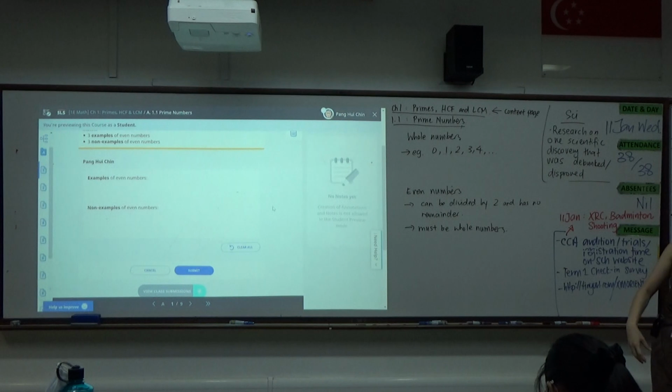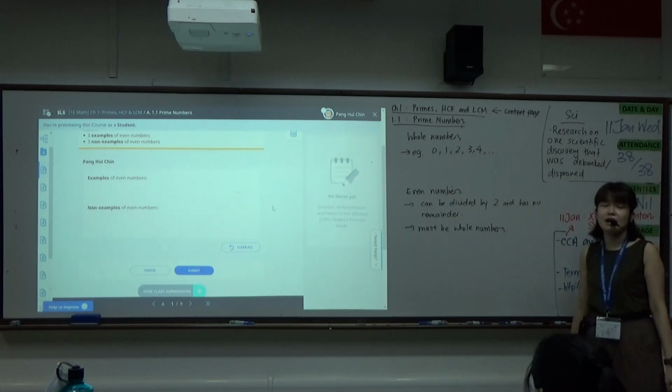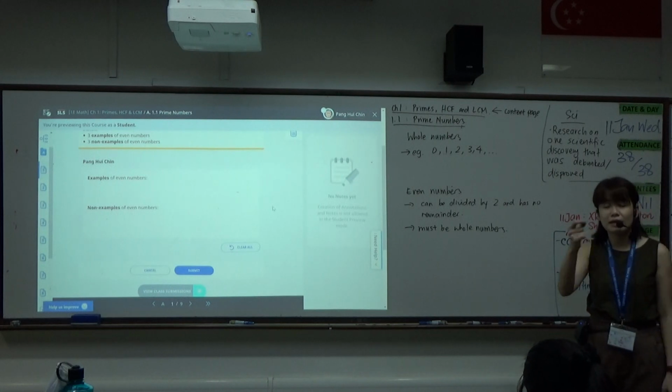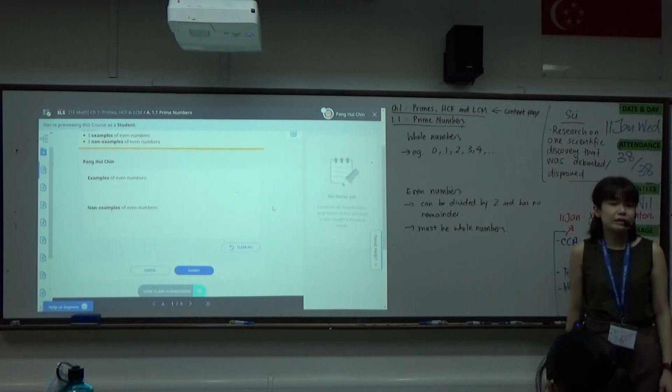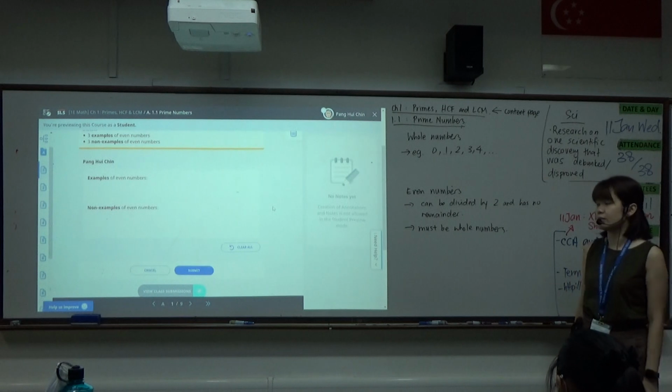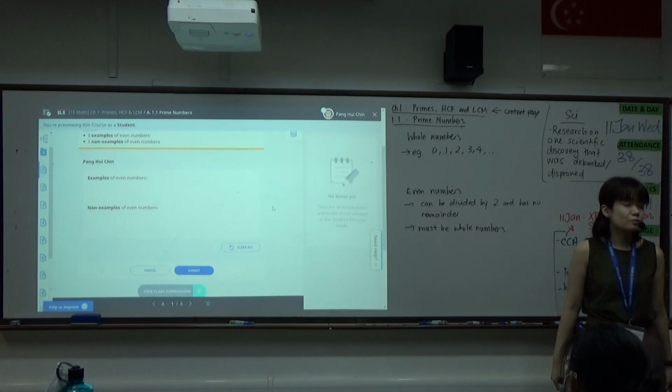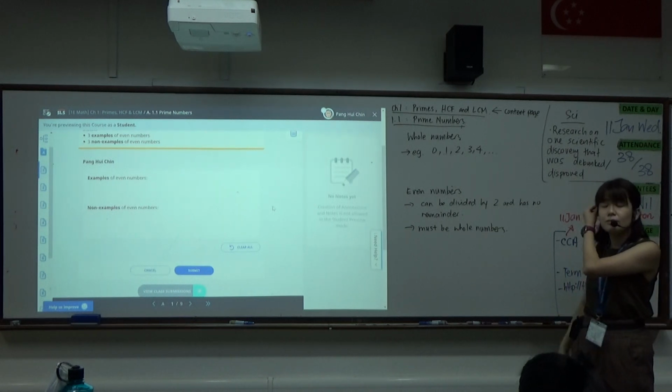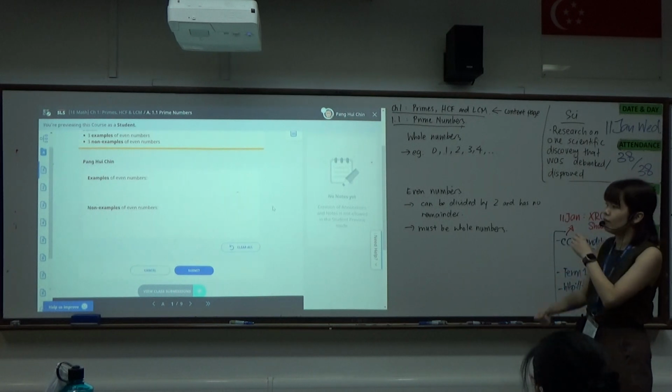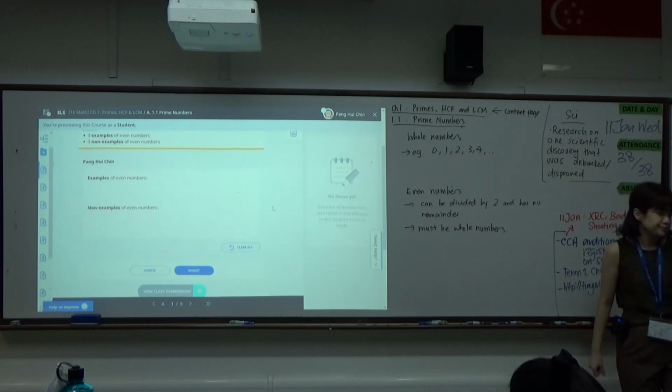So don't be a photocopier, to copy every single thing I write on the whiteboard. Write down really what is actually important so that you learn proper note taking skills. We are not here to be photocopiers. So please think as I'm teaching and write as I'm teaching as well.